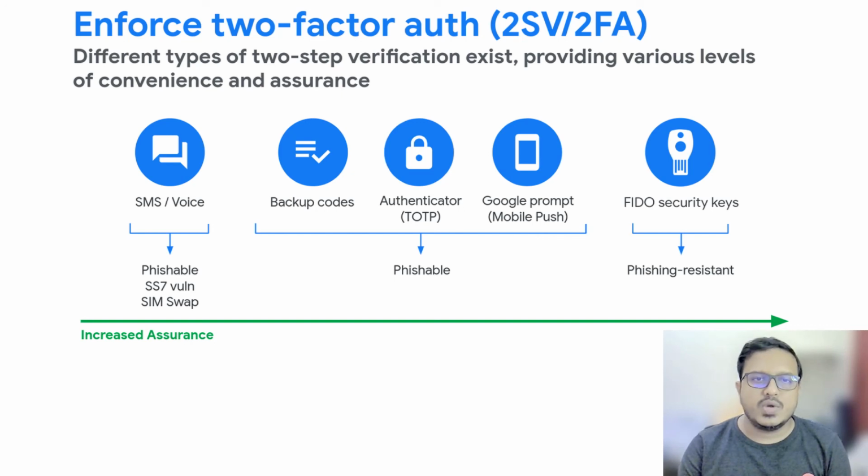One of them is called FIDO U2F, which stands for Fast Identity Online Universal Two-Factor. I guess it was brought across by PayPal. So that's one of the very famous tokens and provides a high level of security when it comes to hardware-based security keys.